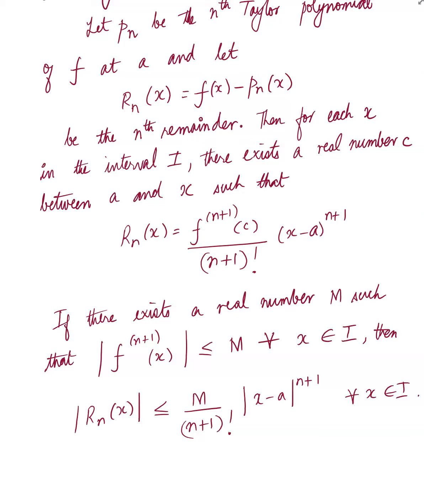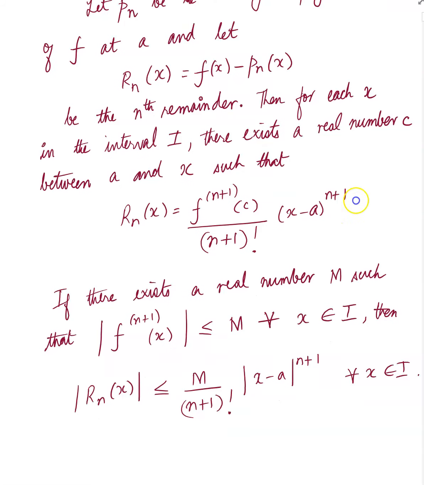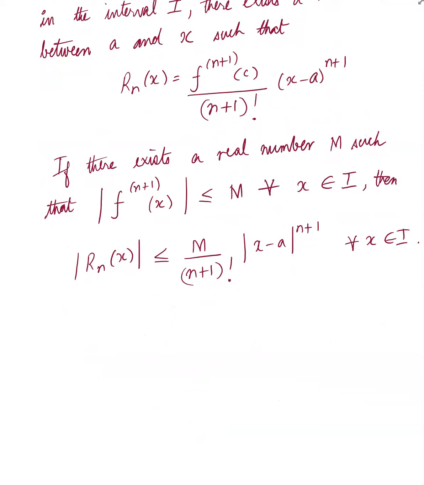Because it's limiting, so it's always less than or equal to a particular real number M. And we're saying, well, if we had that condition for all x in the interval, then the absolute value of Rn of x is less than or equal to that M times this. Well, you can kind of see the derivative for this one. I'll show that part here. Oh, actually, I could bring it from here.